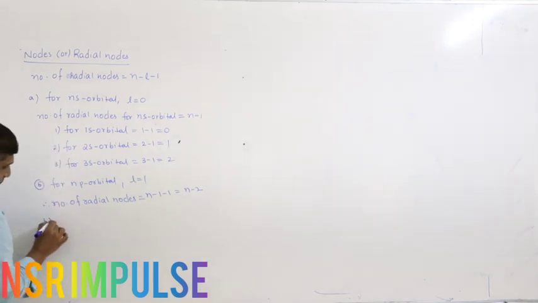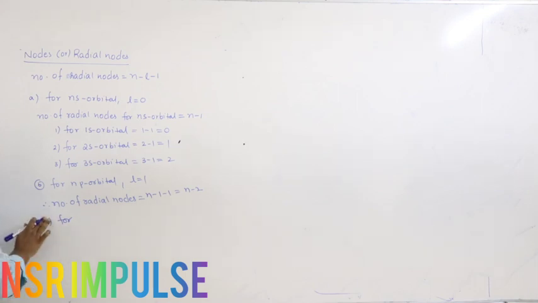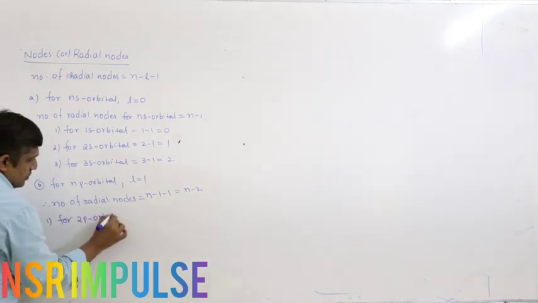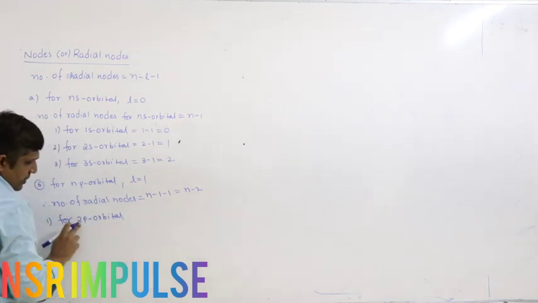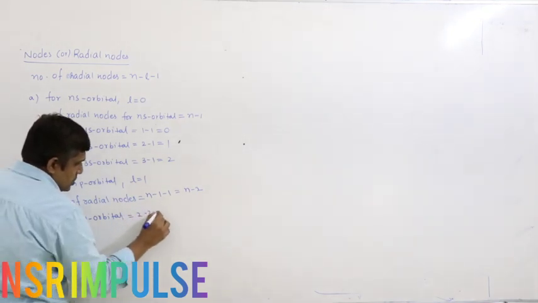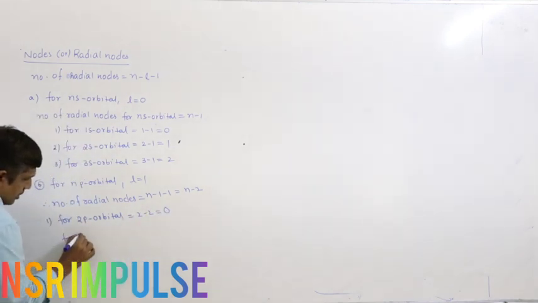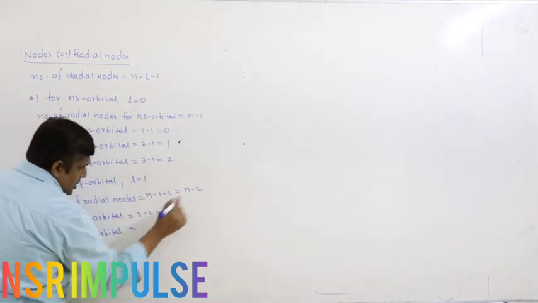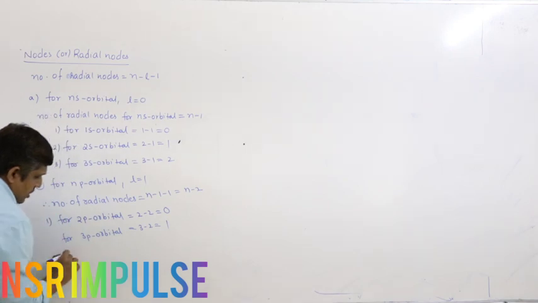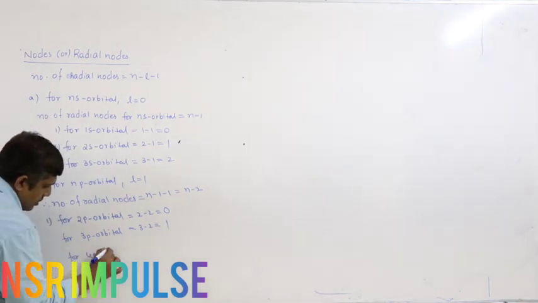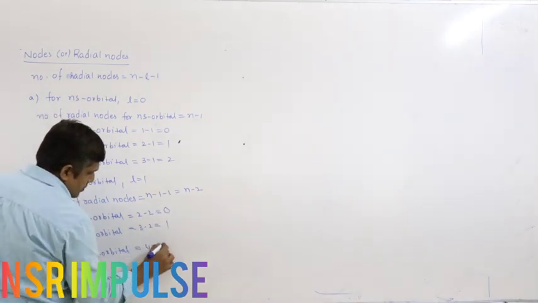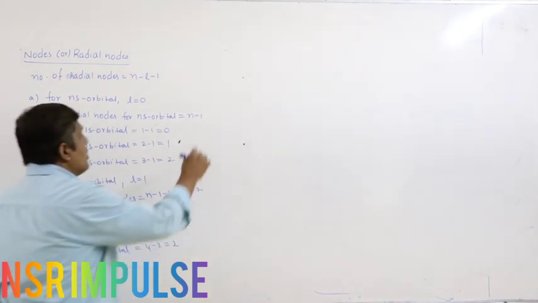Let us apply for the 2p orbital. For the 2p orbital, n value is 2. So what will I get? 2 minus 2 is 0. For the 3p orbital, what is the n value? 3. 3 minus 2, that is 1. For the 4p orbital, n equal to 4. 4 minus 2, 2 radial nodes.